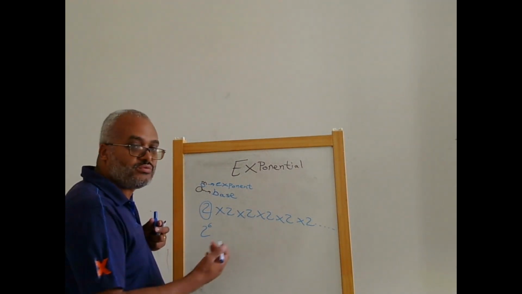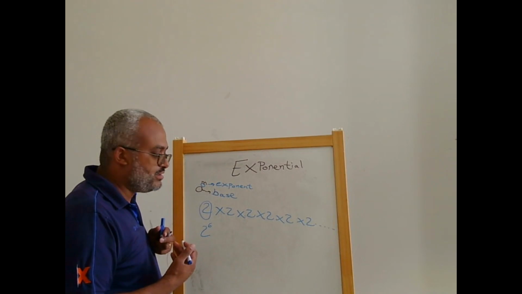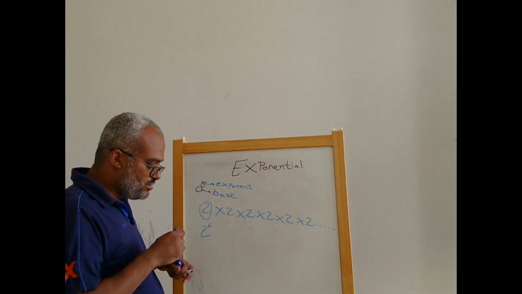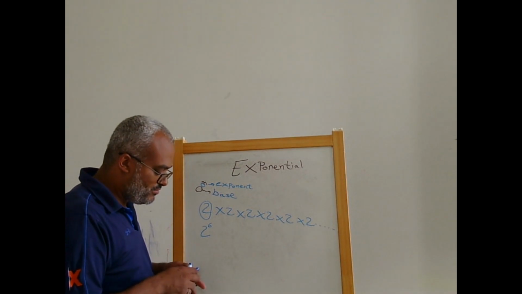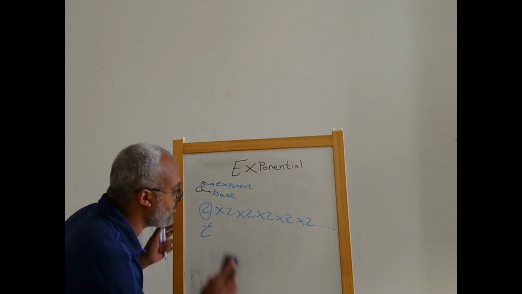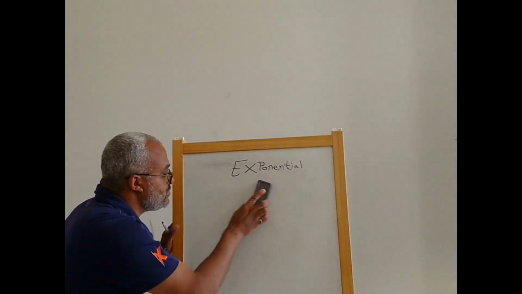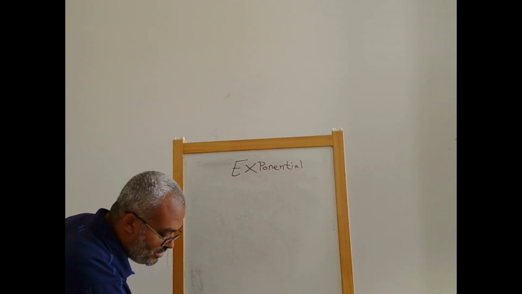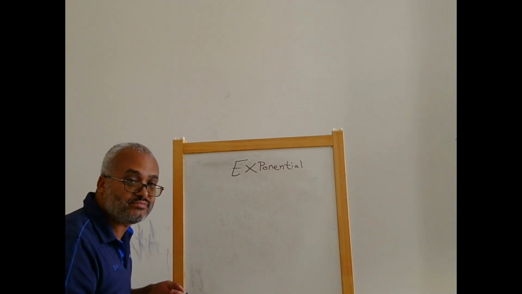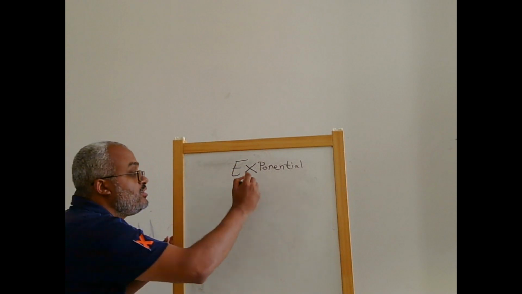So we need to know how to represent them in a better way. Okay? So this is what we have. That's why we call it exponent. So anything in the universe, we have rules. So in this case, it's called exponential rules.